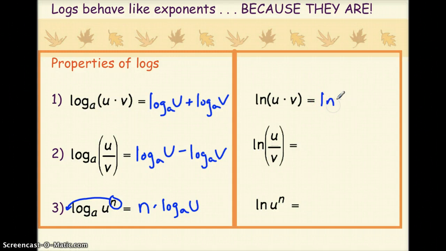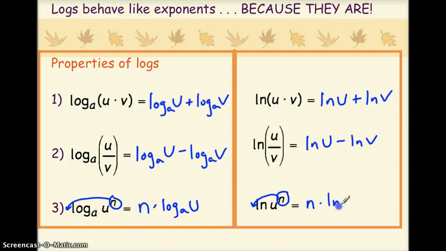So multiplication will turn into addition: natural log of U plus natural log of V. Division will turn into subtraction: natural log of U minus natural log of V. And then again here I can take this exponent and bring it down in front, so I'd have n times ln U.